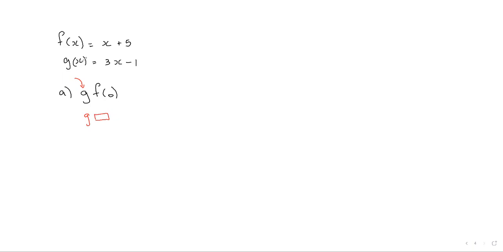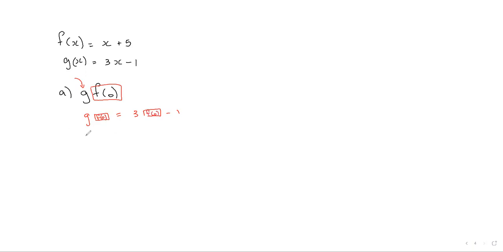Remember, you have g of x is equal to 3x minus 1. Everywhere I have x, I'm going to replace it with a box, and in that box, you're going to put what you have on the side of it. So they want f of 0 in that box.